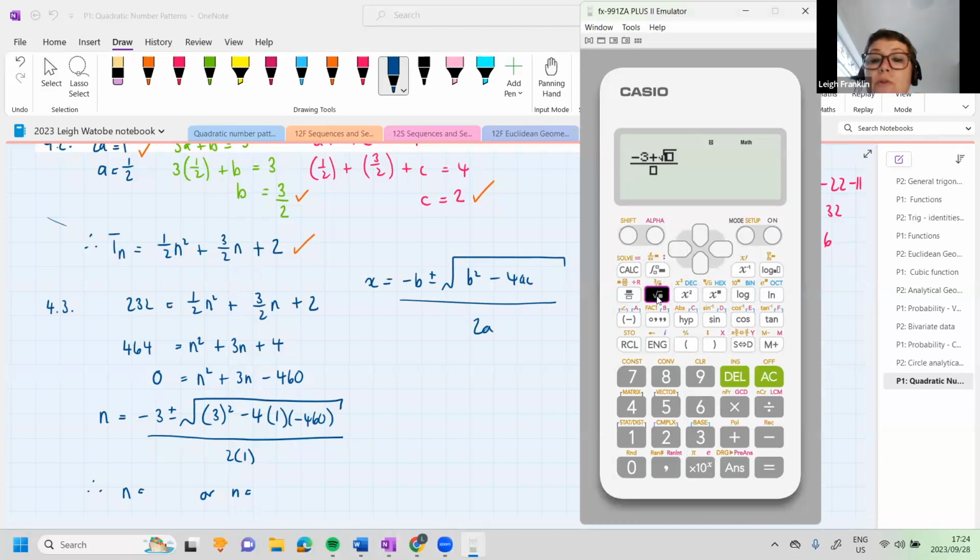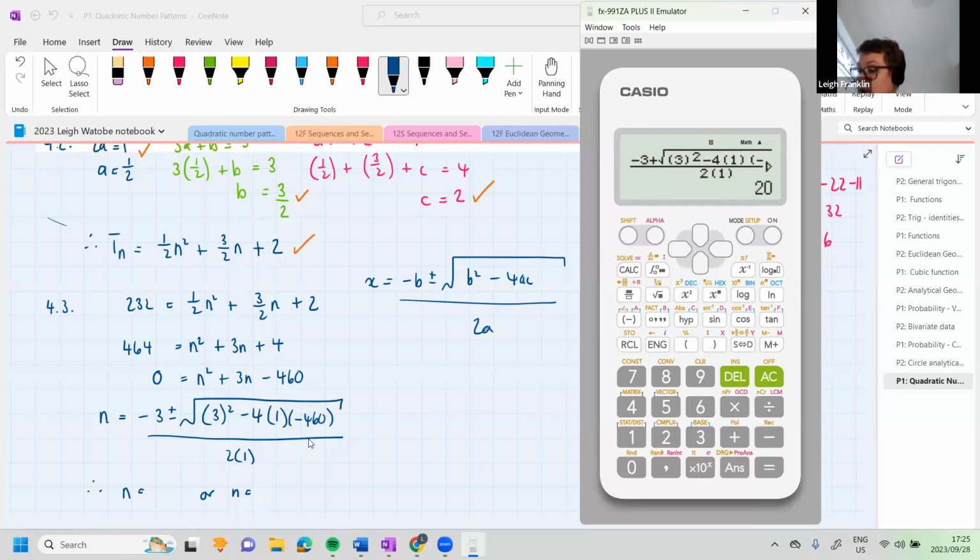And then you put in your square root. Use brackets, because if b is not negative, it has to go in brackets. So there's another place where it's always appropriate to use brackets. Minus 4 times 1 times negative 460, and all of this has got to be over 2 times 1. Now we can press equals.